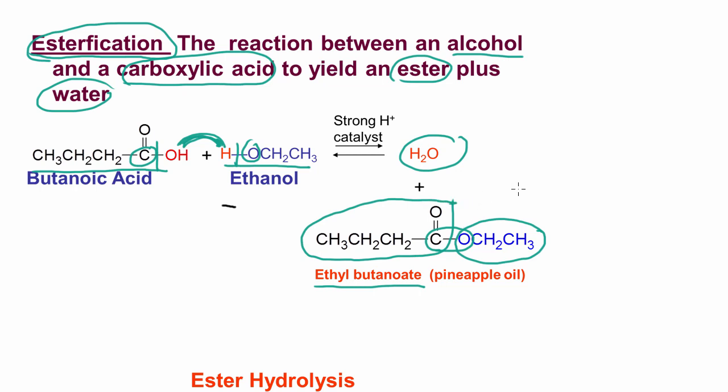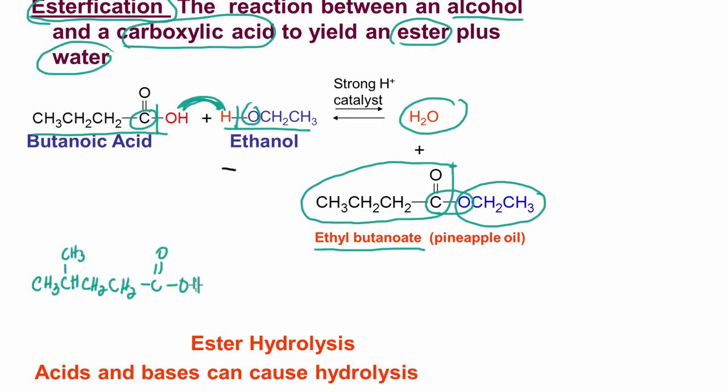For example, let's say I start off with this acid, and let's do this alcohol here, propanol. Okay. So again, what's going to happen is this bond here is going to break, and the hydrogen and oxygen bond is going to break.